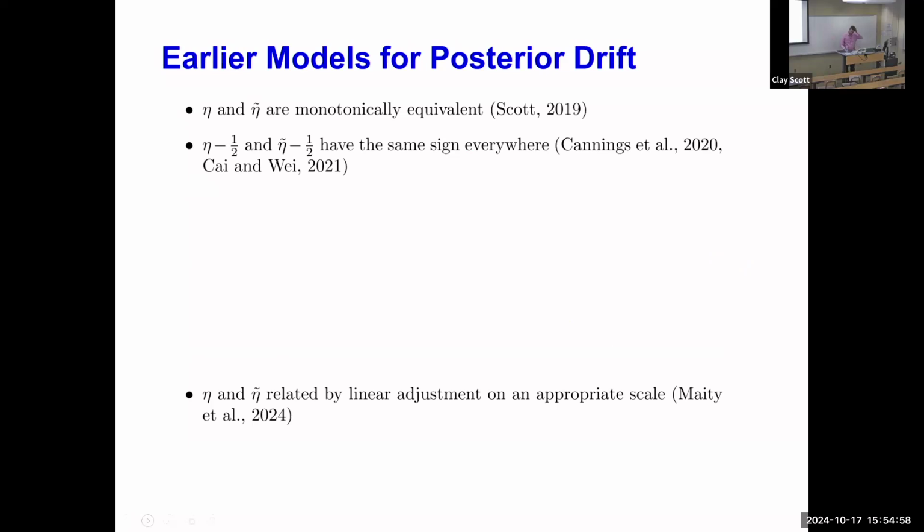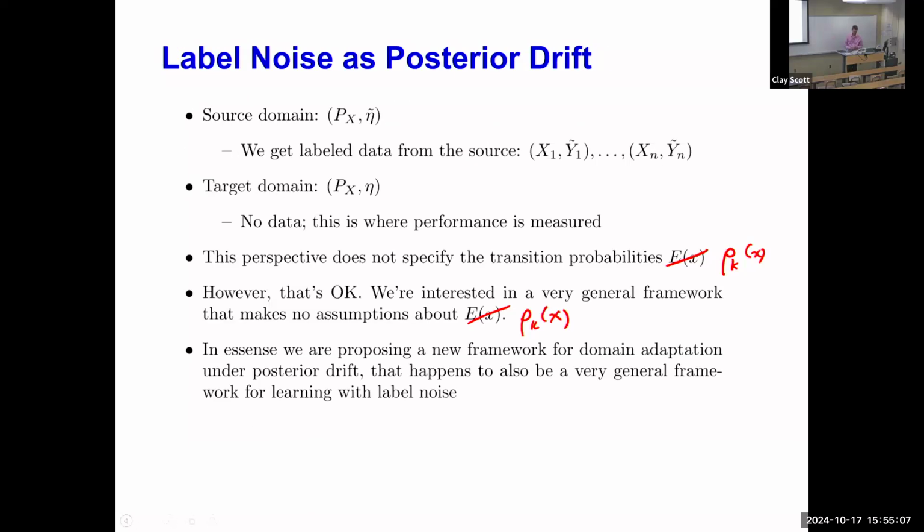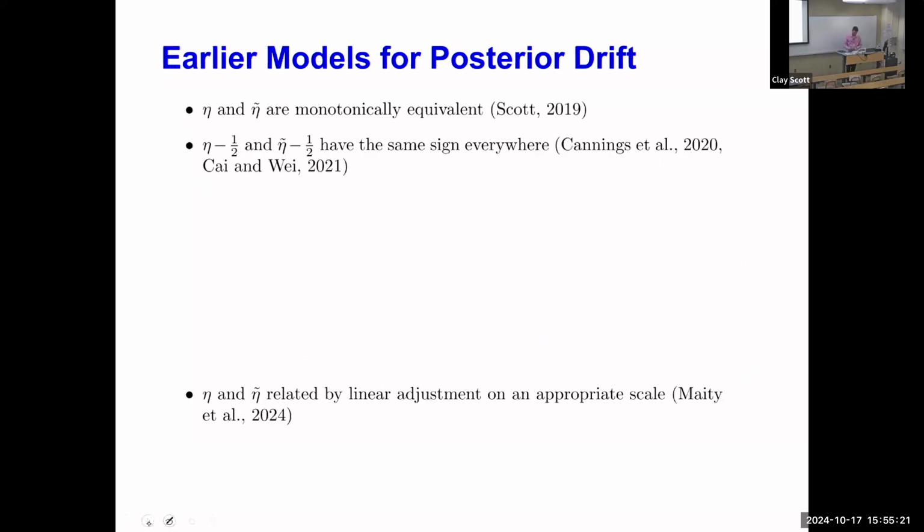In prior work on posterior drift, people have made different assumptions. You still have to make some distributional assumptions if you want to prove something, right? If eta and eta tilde can differ arbitrarily, then it can be hopeless. So people have imposed different assumptions.